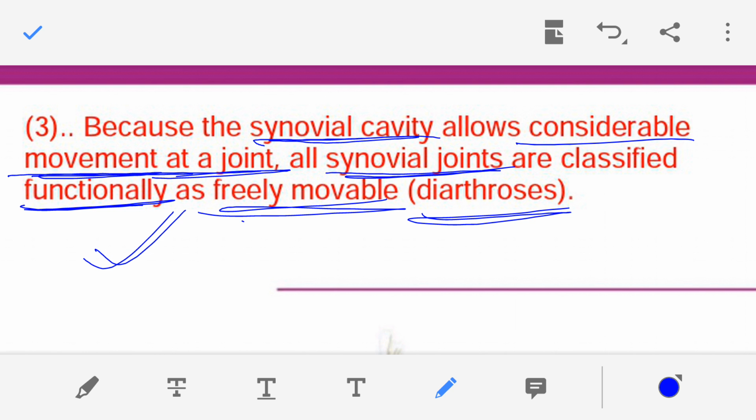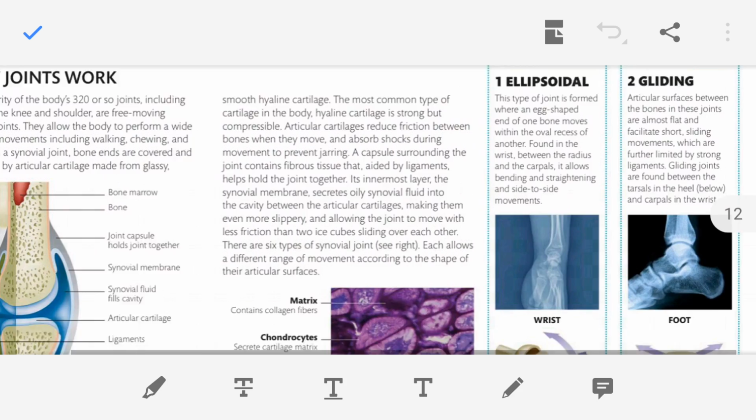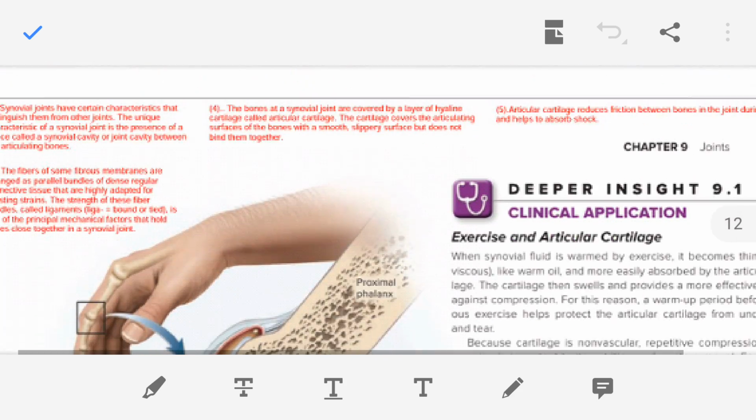So synovial joints functionally are known as freely movable or diarthrosis joints. Now moving on to the fourth point of our discussion.